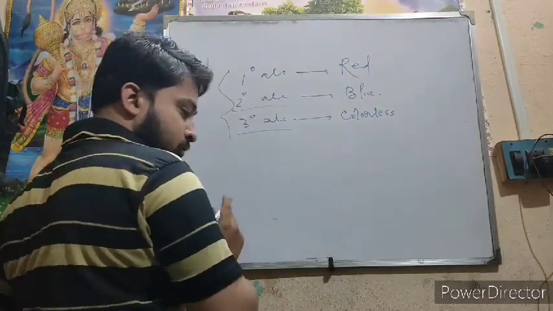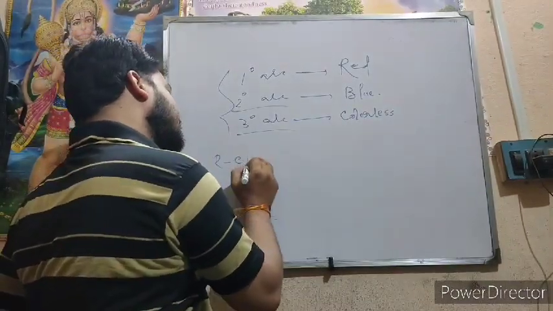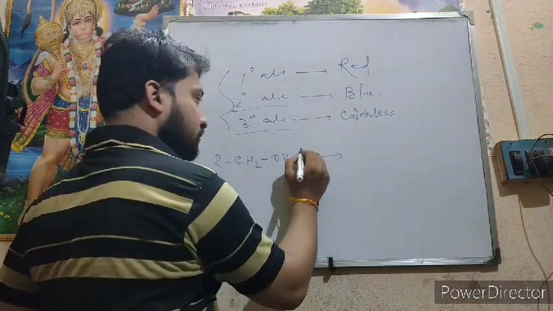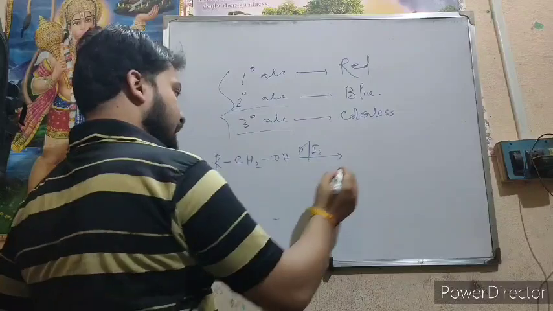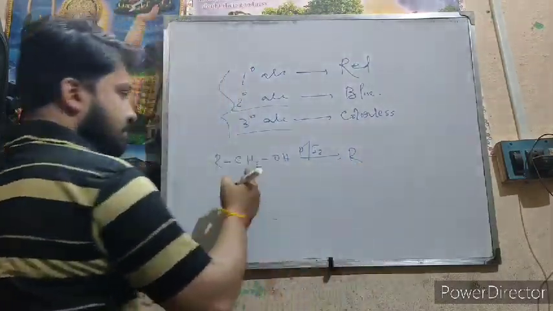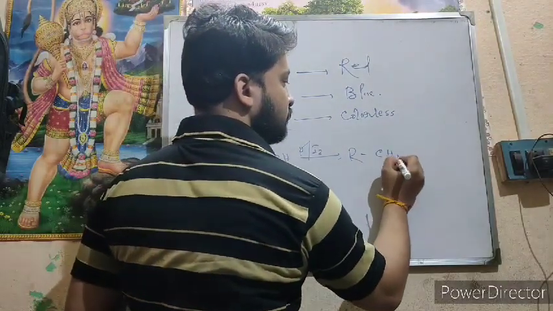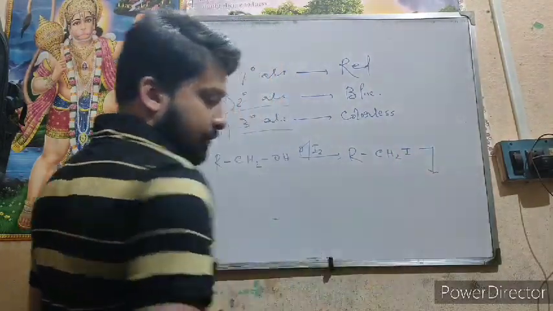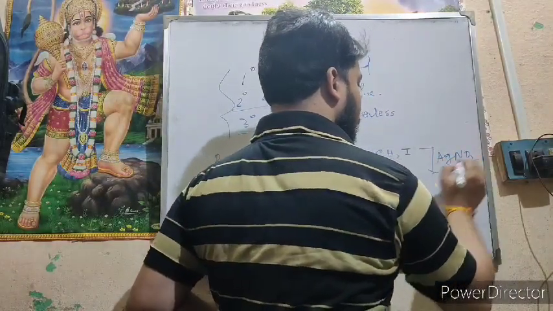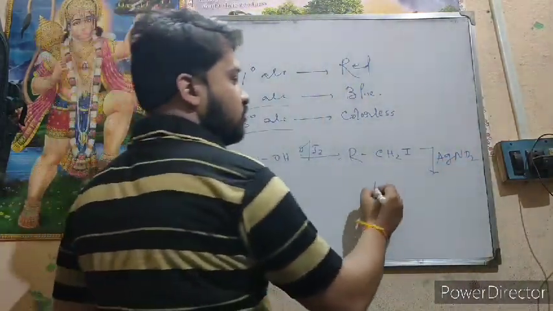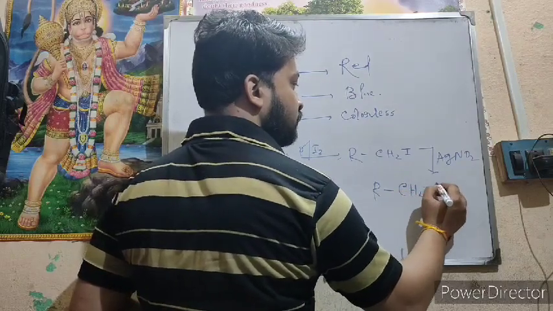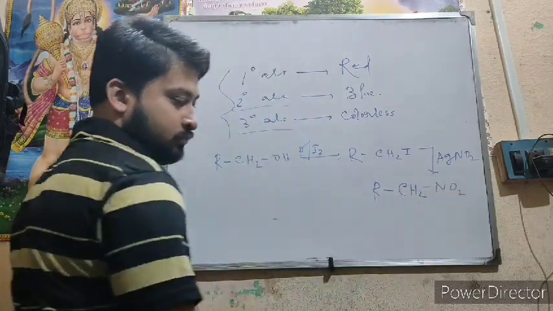So I take one process, that is RCH2OH. Okay, then you react this with P and I2. It gives you RCH2I. Okay, then it reacts with AgNO2. So AgI is removed from here, so the product is RCH2NO2.